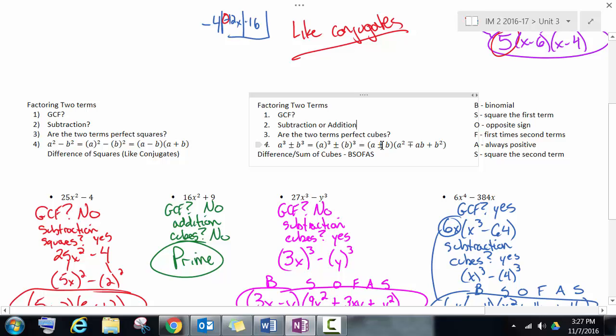So if this was plus and this was plus, then the first one is we square this first one, a squared. We do the opposite sign. We multiply the two. It's always positive, and we square the last. So that's this acronym, binomial, or B-SOFAs. And we'll see that more with our problem.